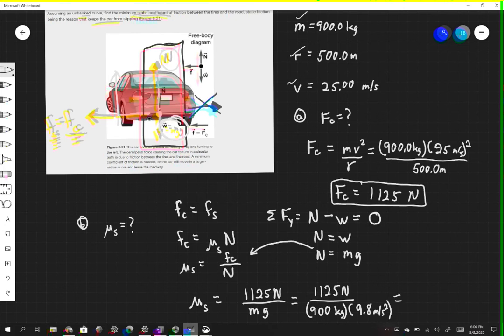And I plug all of this in, and I can find my coefficient of static friction. I should get 0.13. And this is a great example of how friction supplies a centripetal force. So this is a combination of multiple different kinds of forces acting in different ways.